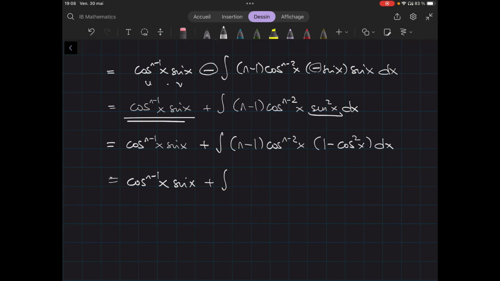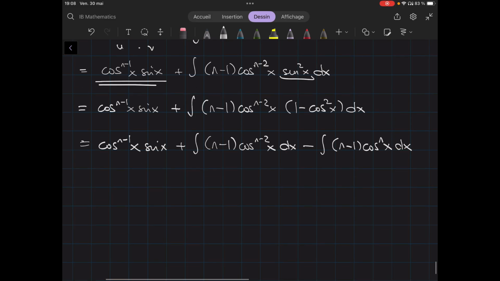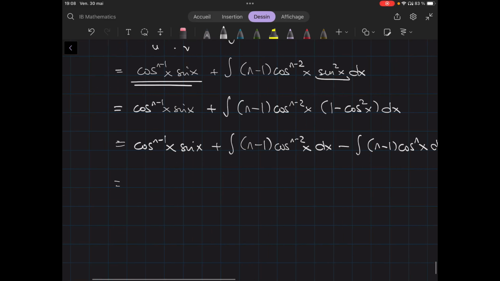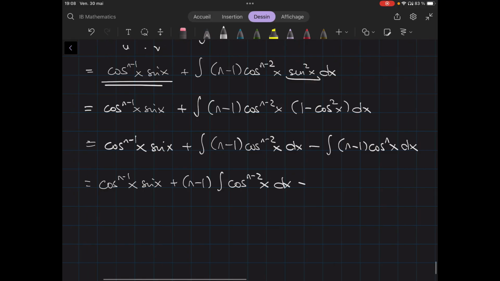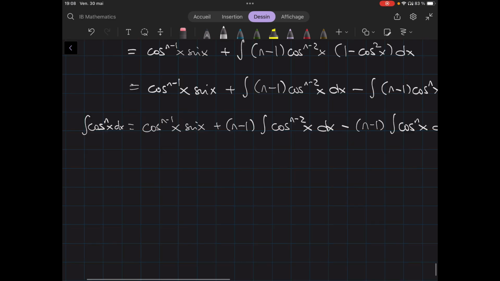This will give us the integral of n minus 1 cos to the n minus 2, minus the integral of n minus 1 cos to the n. Now we just gotta take the constants out of the integrals. And that, my friend, is the answer that they're asking us to derive.